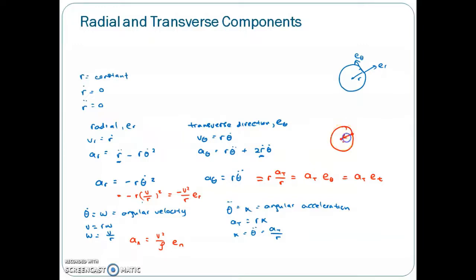So here we have our e_n, here we have our e_t. Comparing side by side, our e_t is similar to e_theta, whereas our e_r, the radial component, is in the opposite direction to our normal component. That is why we have a negative in the radial direction, while in the normal direction we do not have the negative sign.